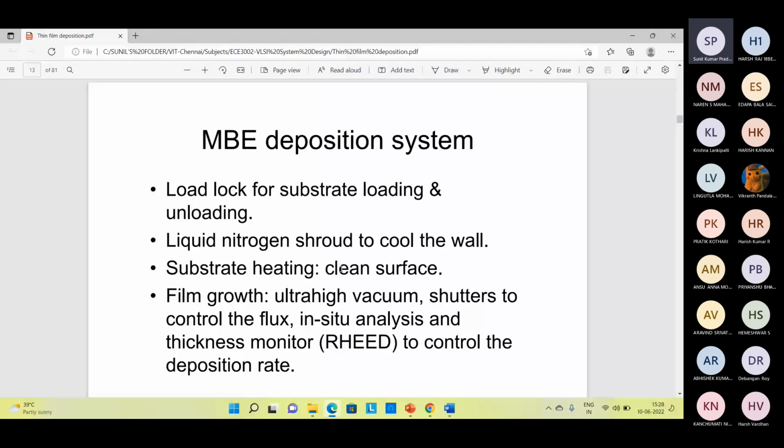So for film growth, there is ultra high vacuum, shutters to control the flux, in situ analysis, and a thickness monitor to control the deposition rate. Okay, so this is actually how the deposition is made by molecular beam epitaxy.